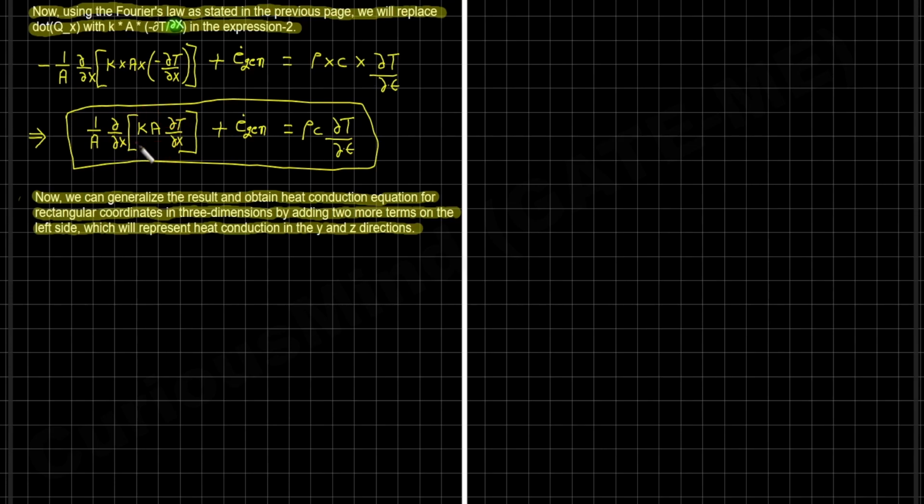All right, and we will add two terms similar to this term, which would represent heat conduction in the y and z directions, whereas these two terms would remain unchanged.